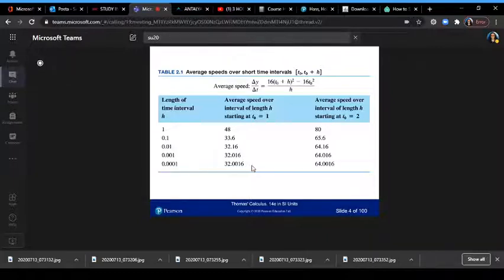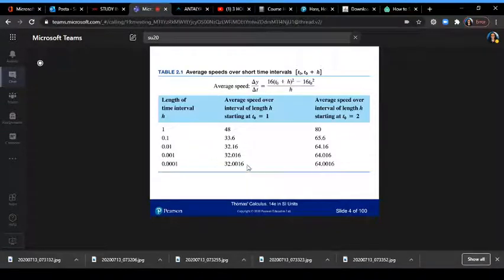Anlık hız, just anlık hız in Turkish. Instantaneous velocity. So how should we read this? For example, at time t equals 1, the instantaneous velocity of this car is around 32. On the other hand, at time t equals 2, the instantaneous velocity is around 64.